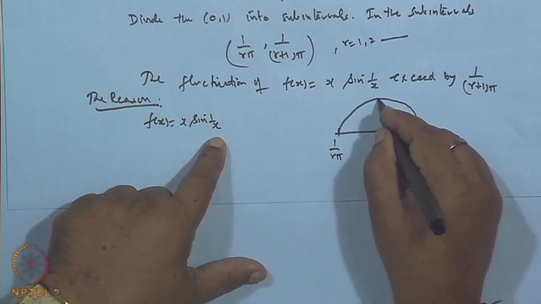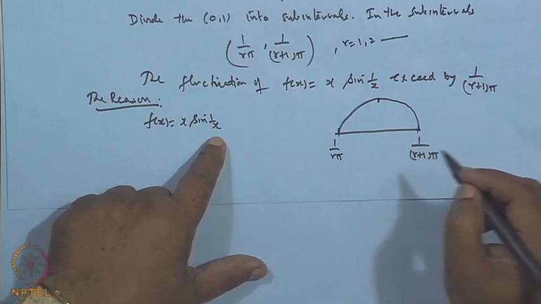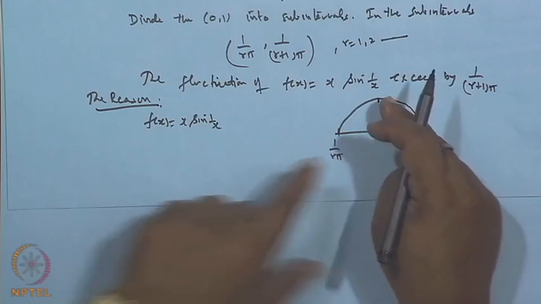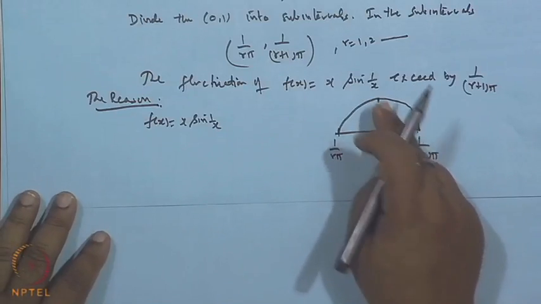So the fluctuation of the function, the value at one point minus the value at the other, will be greater than this number.